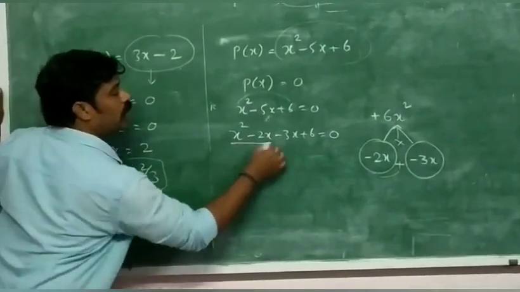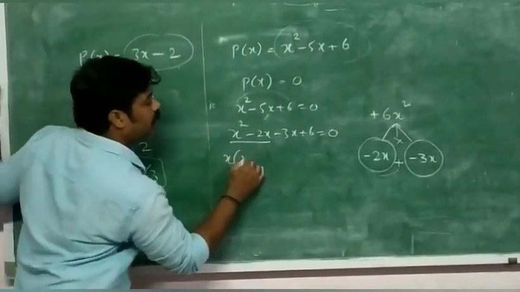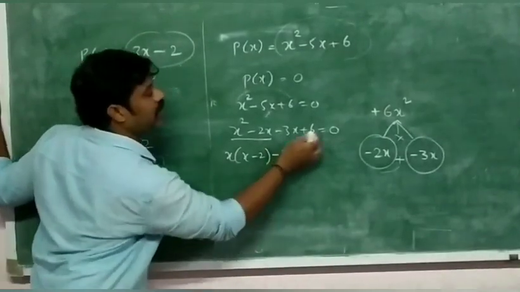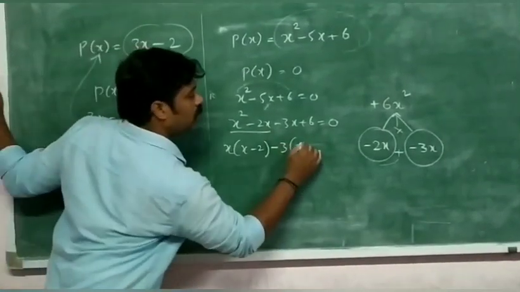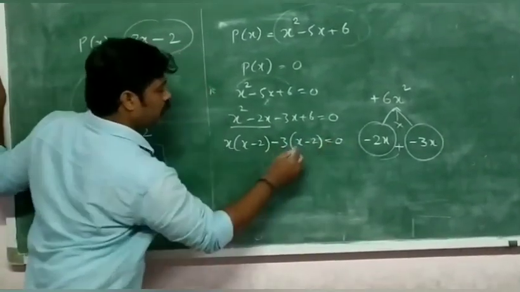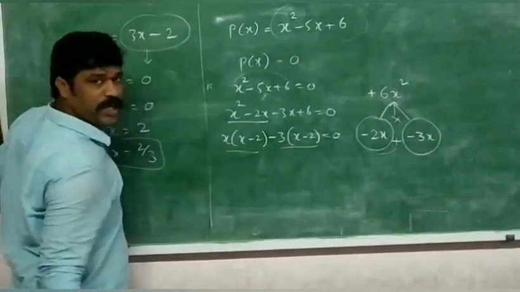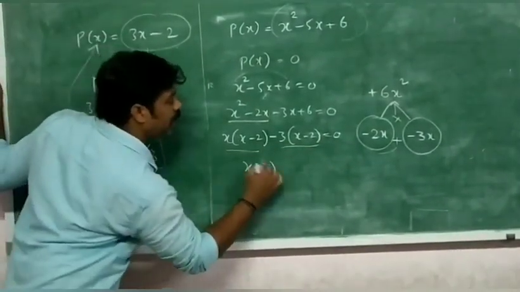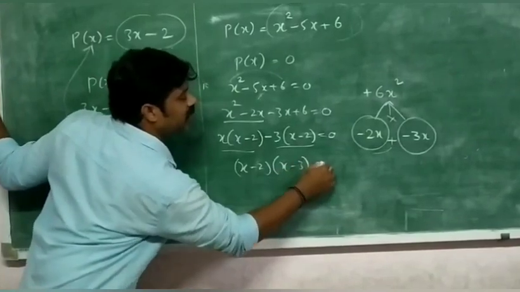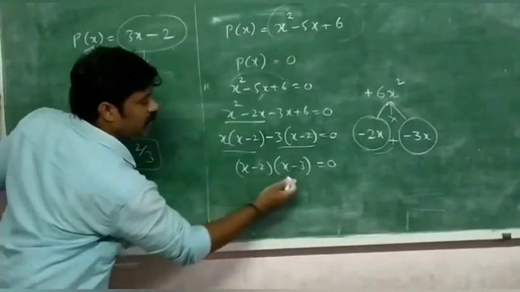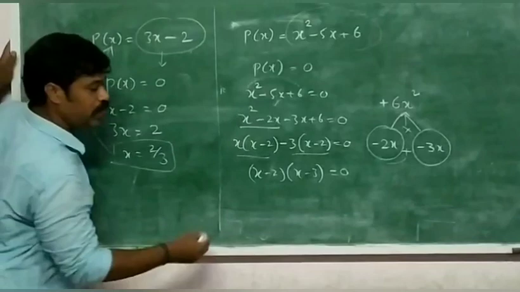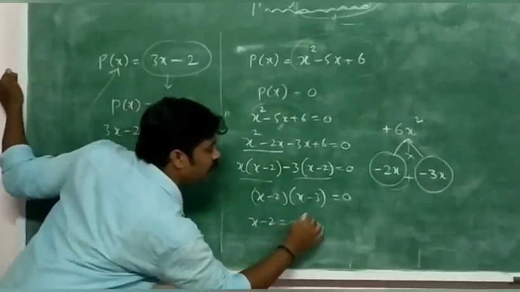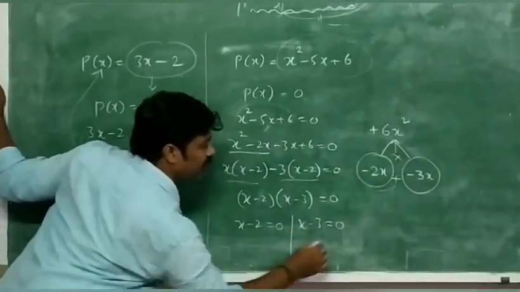In the first two terms, if you take x as common, then we get x minus 2. In the next two terms, minus 3 is common, so again we get x minus 2. So finally, in these two terms, x minus 2 is common. If you take x minus 2, then you get x minus 3 is equal to 0. Both are factors, and if you equate them to 0, you get x minus 2 is equal to 0 or x minus 3 is equal to 0.